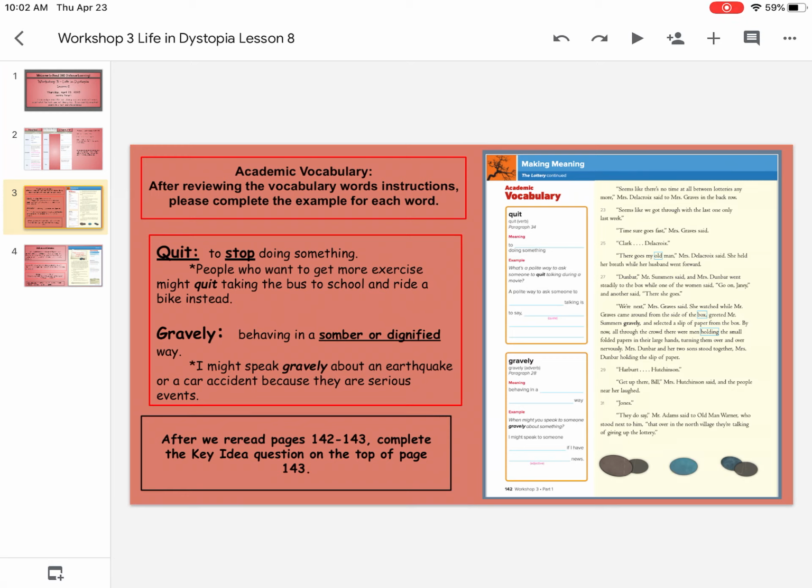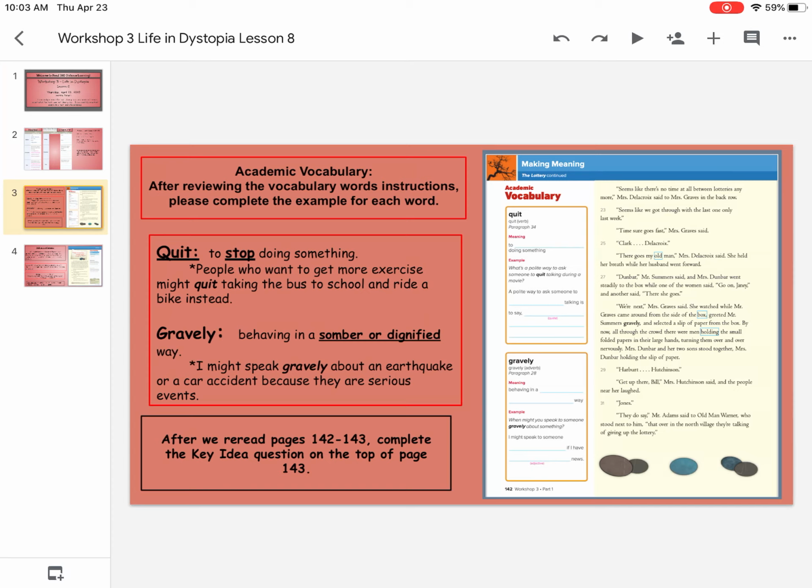Now, for your example, what they want you to do is answer this question. What's a polite way to ask someone to quit talking during a movie? So I'd like you to fill out that sentence starter and complete that sentence for quit. The second word is gravely. Now, gravely is an adverb, and remember, an adverb is a word that describes a verb or an action word.